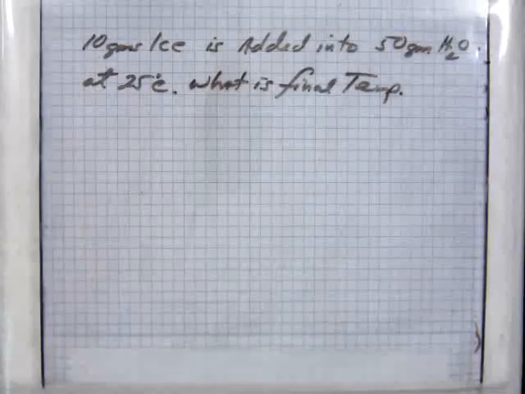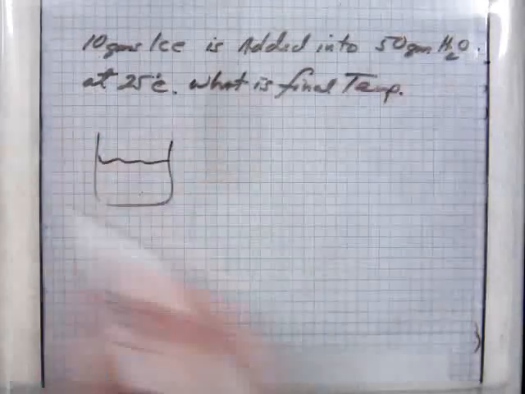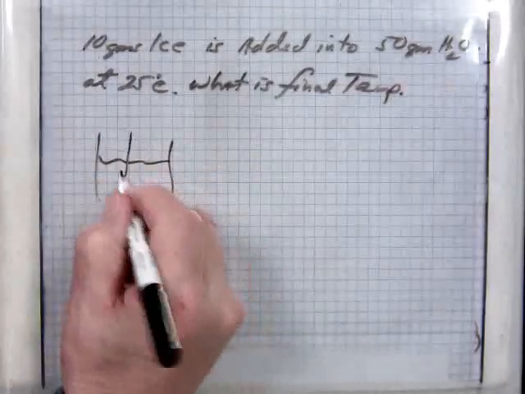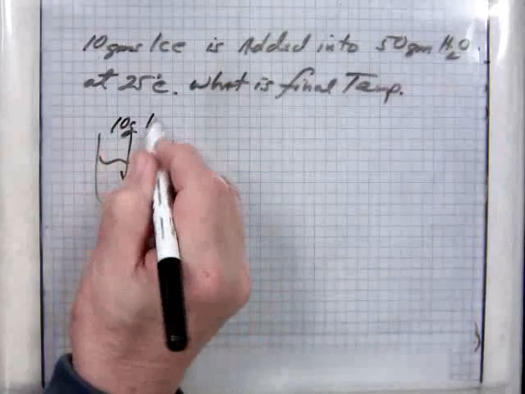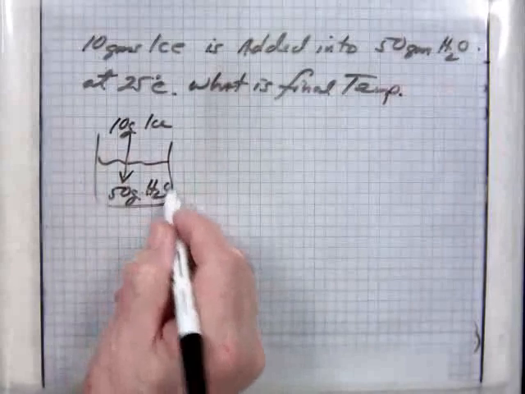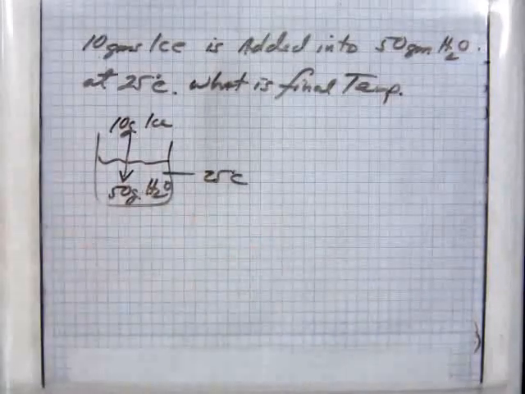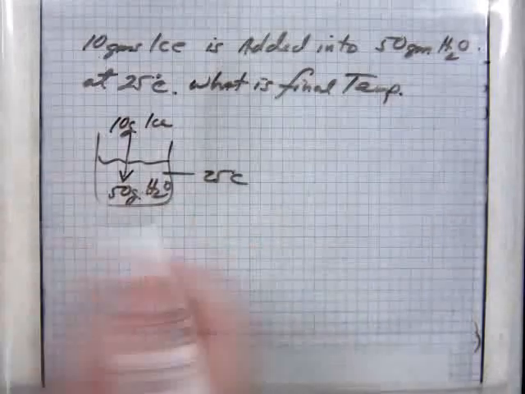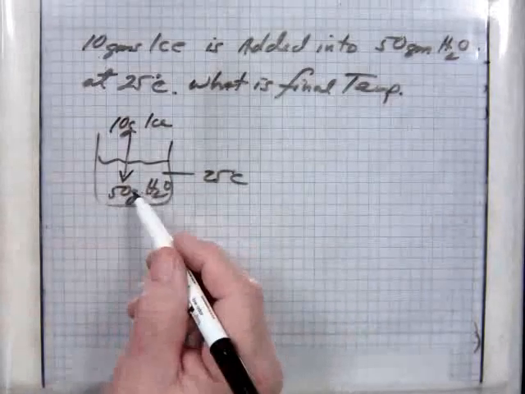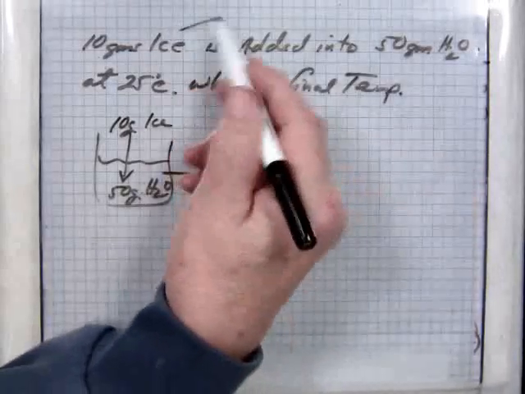This involves the same issue in that you are making ice water. That's what you're doing. And so you have 50 grams of water in which you are adding 10 grams of ice into 50 grams of water, and this is at 25 degrees C. Now, the heat changes that take place in here, for the water, it's going to be going down from 25 to wherever the ice is, and that's 0.